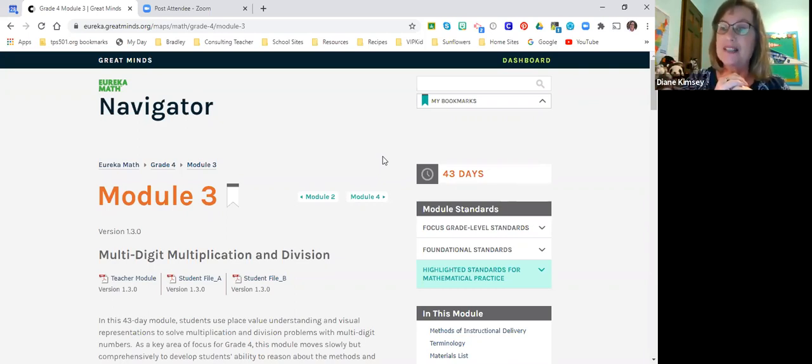In part 1, in the introduction, I told you about concrete, representational, and abstract math problems. Concrete being something you can actually touch, manipulate. Representational would be drawing out the pictures. And then abstract's writing the actual math problem out or using your words to explain your answers, okay?